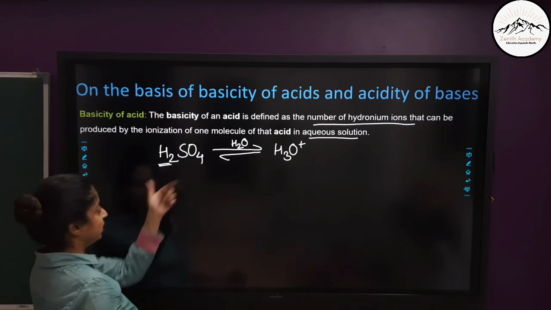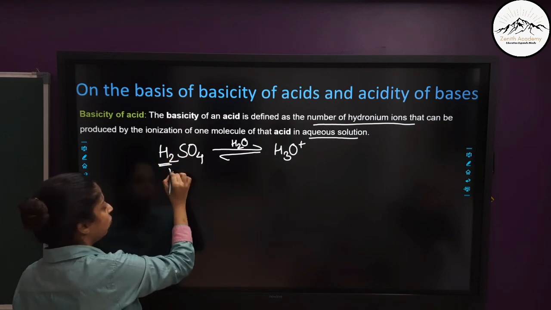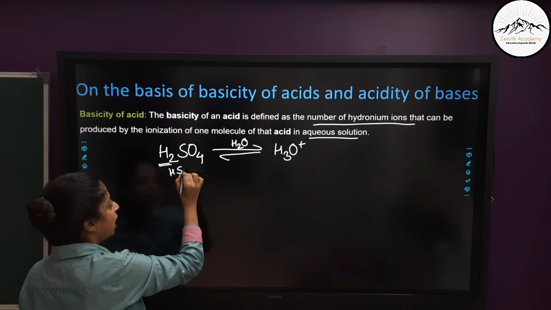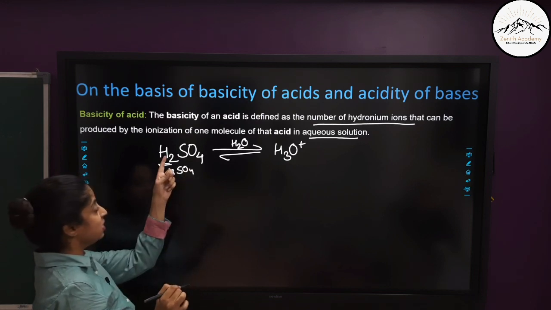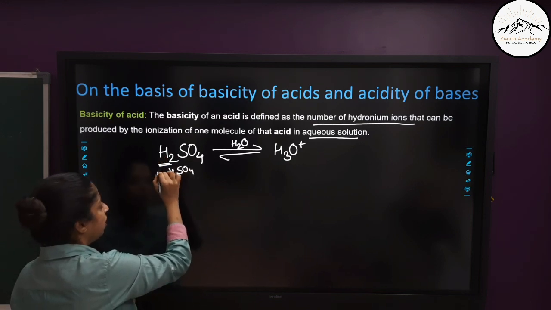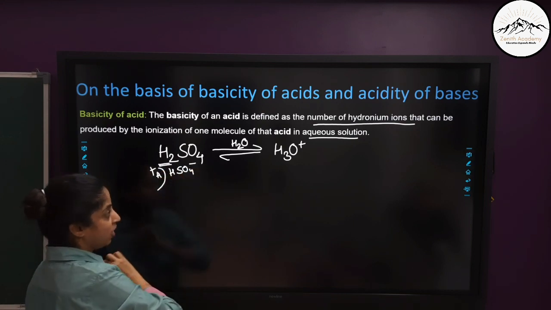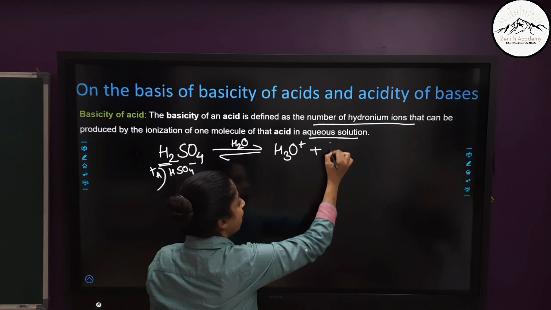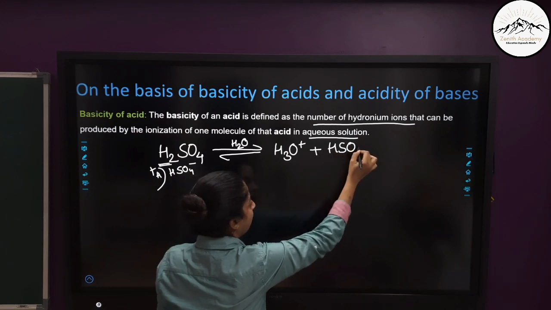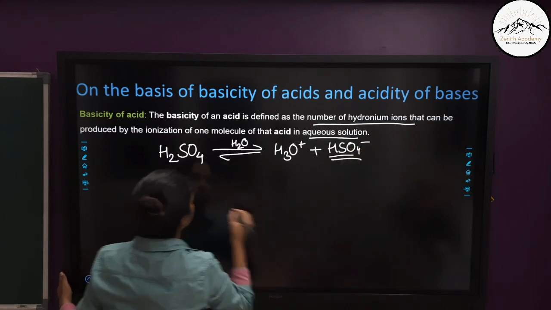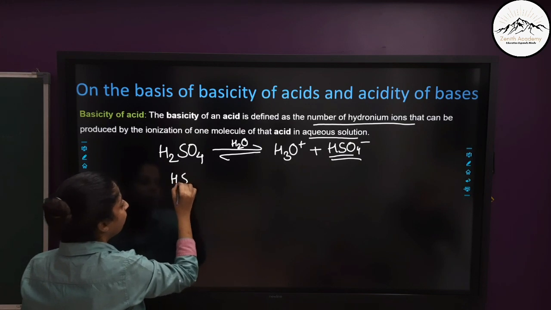Now in this, one H is remaining and SO4 is remaining, and since this H left, one positive is left, so here there will be one negative, so this will form HSO4 minus.